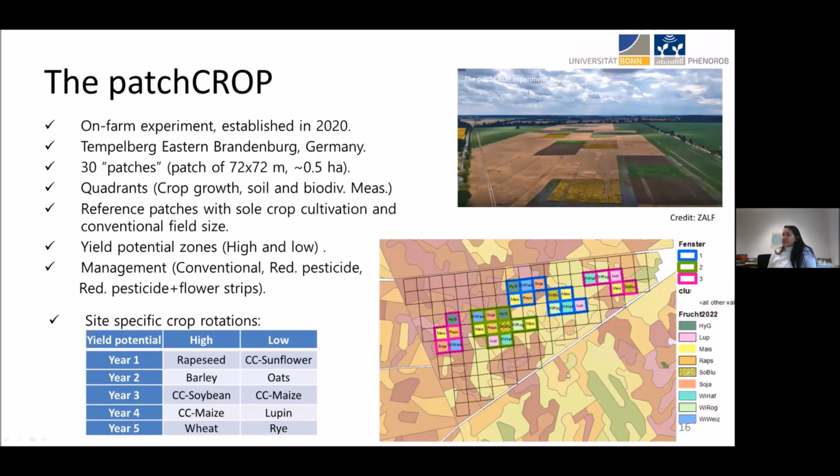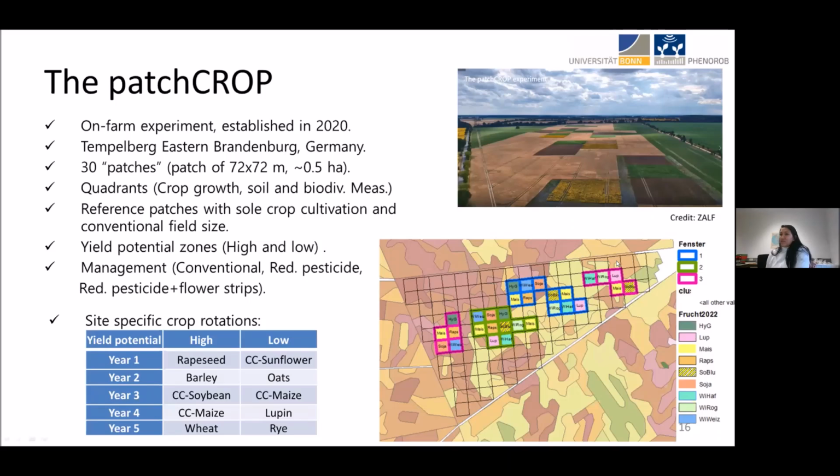Last year, for example, we had the maize sole crop field in this area here. It was a large sole cropping system that we also used as a comparison to see how the patchCROP arrangement dynamics compare to sole cropping.